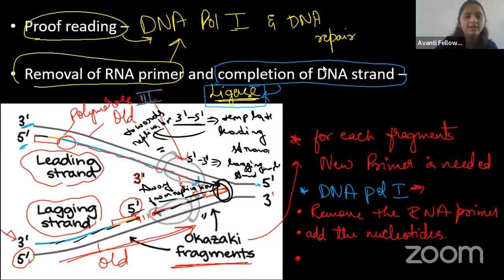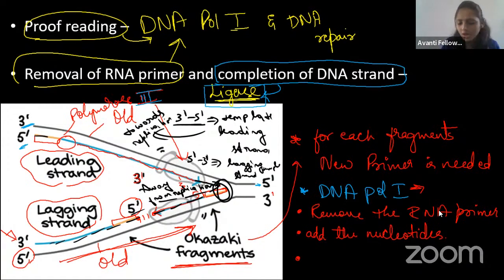Can anyone tell me? Always remember, the Okazaki fragment consists of both DNA and RNA. Right, guys? Why? Because the RNA primer is there and a small amount of DNA is synthesized by the DNA polymerase enzyme. So it consists of both RNA and DNA. Remember.